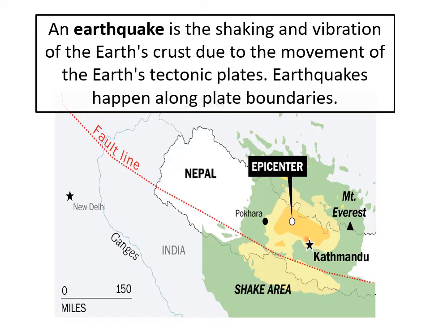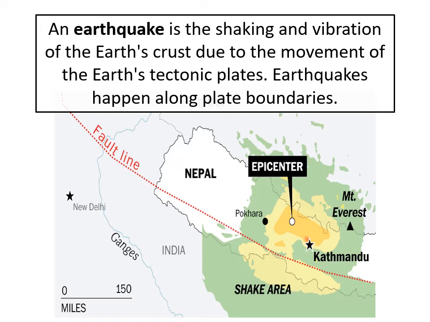Earthquakes happen along plate boundaries. Sometimes they're a little bit further away from plate boundaries, but on the whole, they are caused by this movement at plate boundaries and the friction building up there, which makes our plate move, and that releases seismic waves. So pause the recording now and write your definition down.